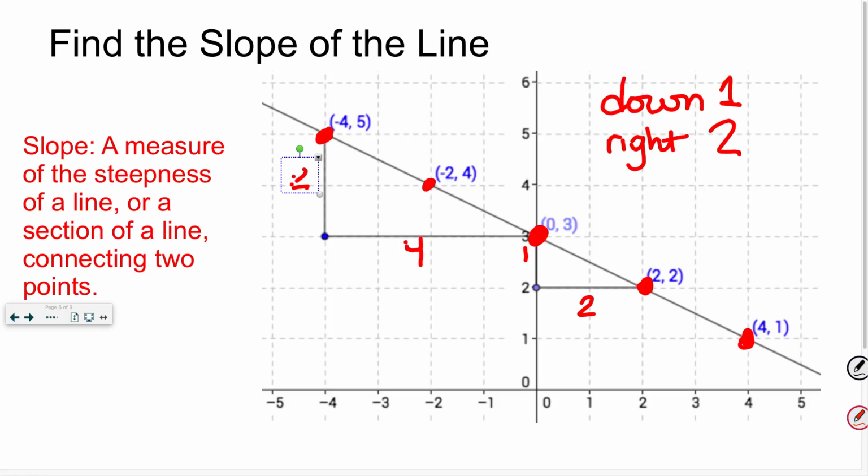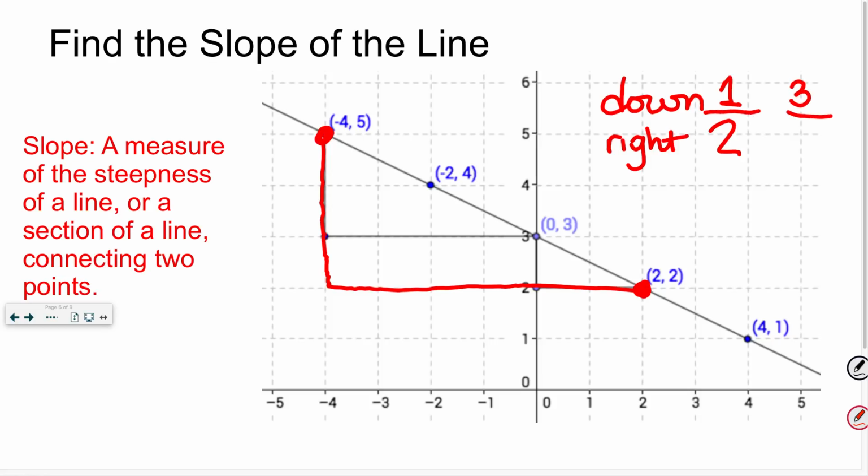So there's a pattern there, right? So let's say instead I went from here to here. How did I do that? So let's draw another triangle. What'd I do? You went down 3 and right 6.